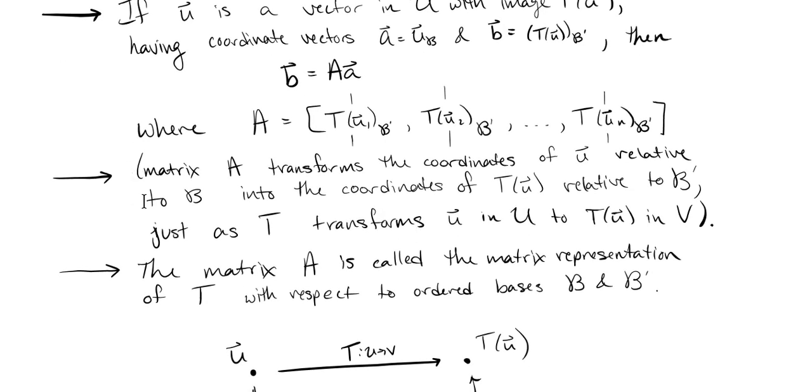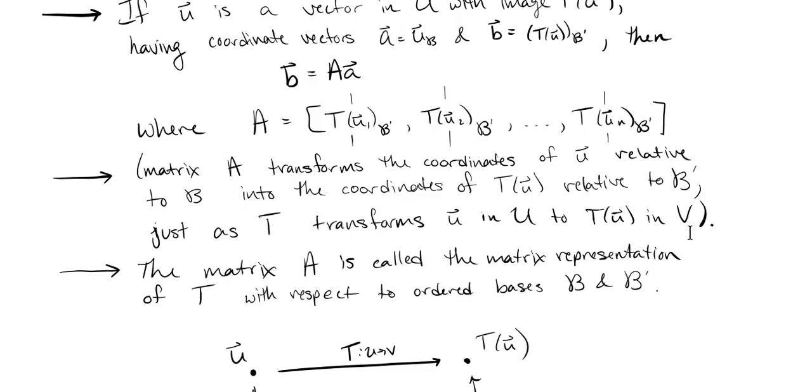Right, so let's say here, more in plain language, matrix A transforms the coordinates of vector u relative to basis B into the coordinates of the image T of u relative to basis B prime. Just as the actual transformation T takes elements u in the domain and transfers them to T of u in the codomain.